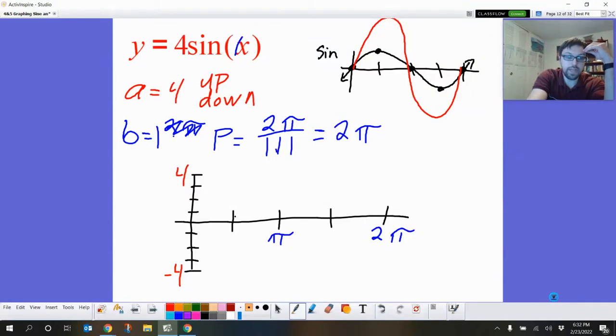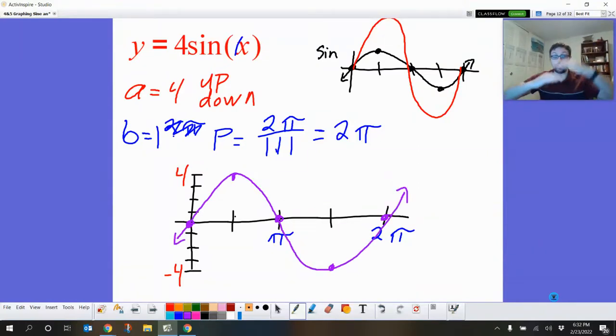Our pattern for sine is to start on our axis, then go up, then on, then down, and then on. So there is our curve for sine. It's just taller than it would be normally because we have an increased amplitude.